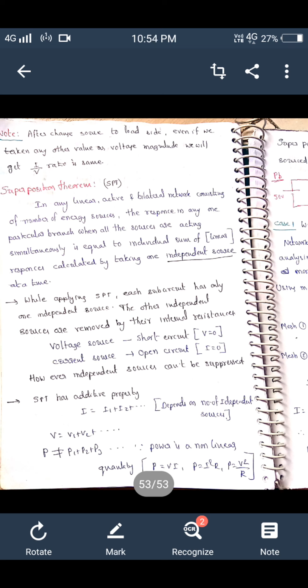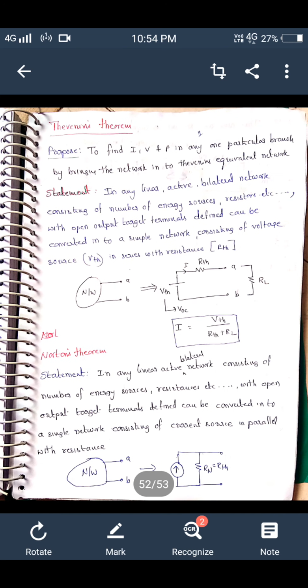The main advantages of these theorems are discussed. With this we can apply in a complicated network. Especially the superposition theorem is applicable for voltage and current verifications only. Thevenin and Norton theorems are applicable to calculate currents, voltages and powers in any one particular branch.